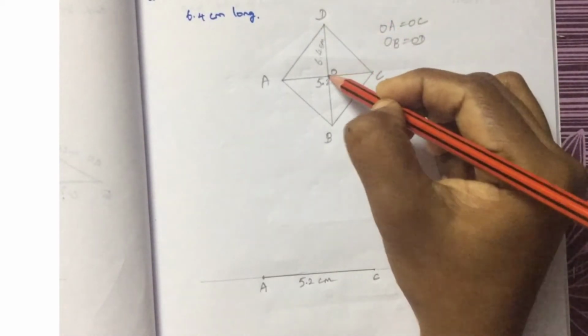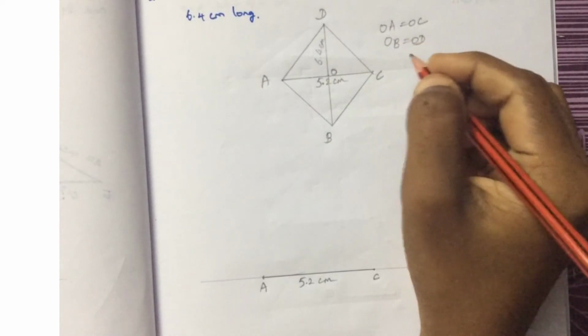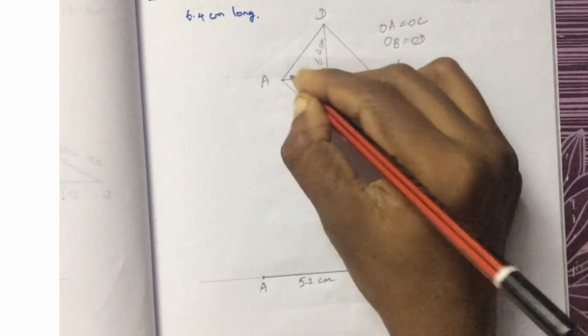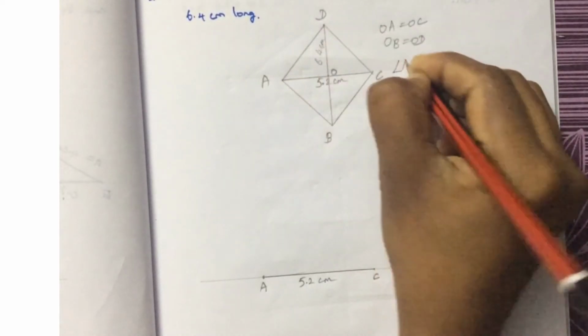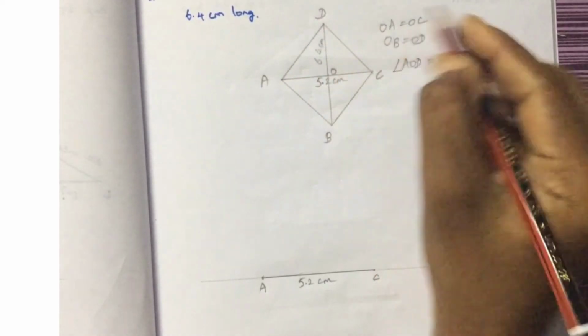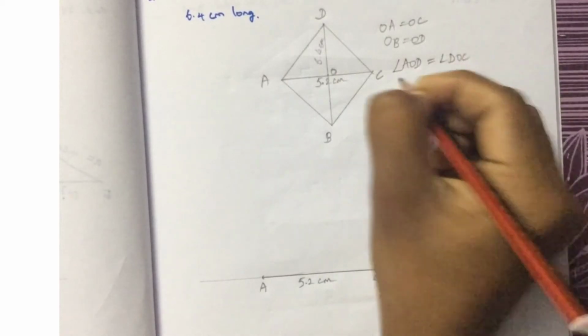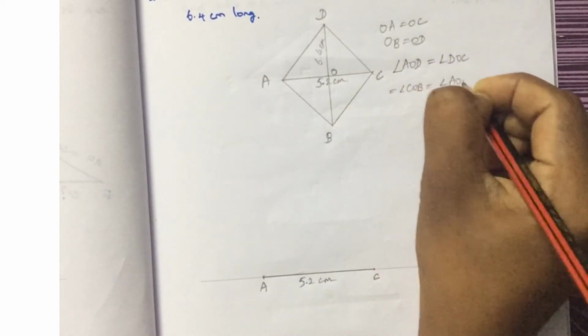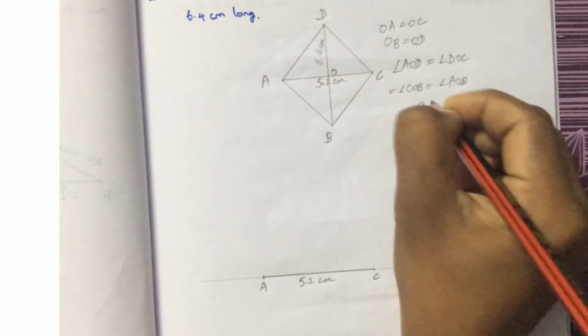It is the perpendicular bisector, which means angle AOD equals angle DOC equals angle COB equals angle AOB. All these angles are equal to 90 degree.